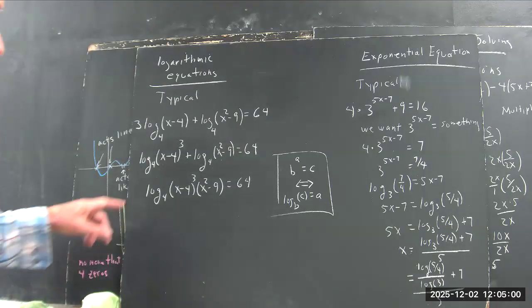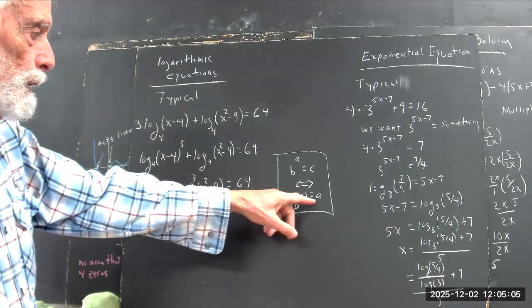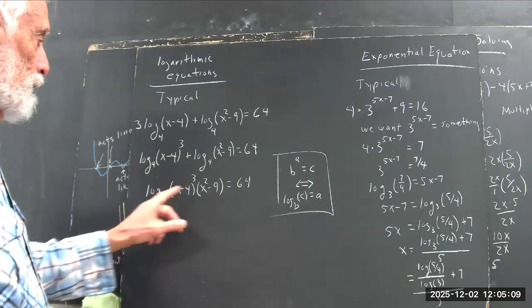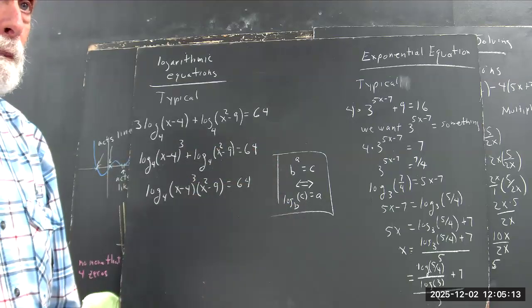So now we have an expression, log base b of c equals a. The c contains our variable, so we want to change this to exponential form.